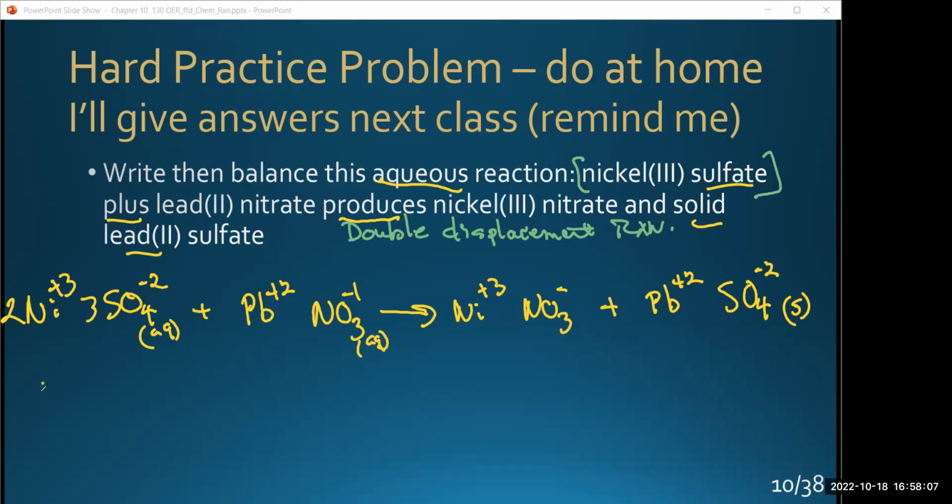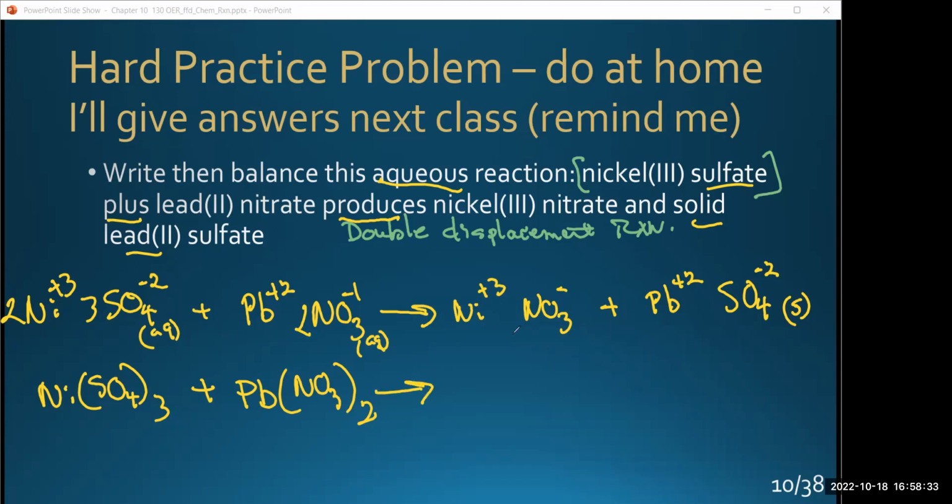So I got Ni2(SO4)3. That's nickel 3 sulfate. Plus lead, which is the +2 and the nitrate. So I need 2 nitrates. Pb(NO3)2. And we need 2 nitrates here.